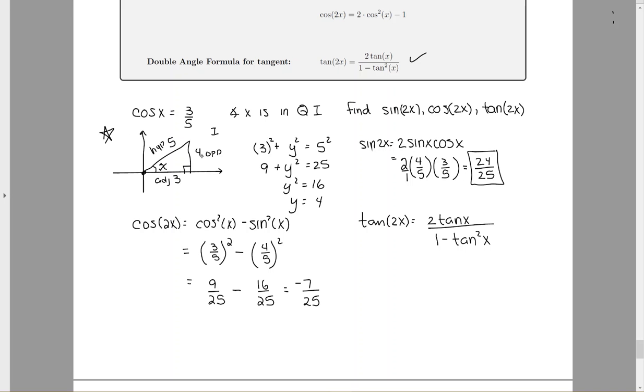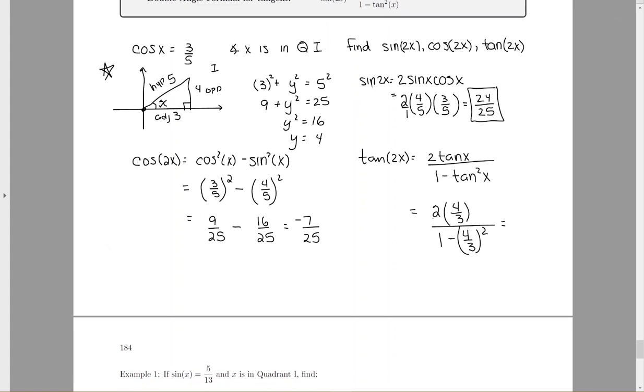Tangent is opposite over adjacent, so 4/3. So I have 2 times 4/3 divided by 1 minus 4/3 squared. All right, so again, just multiply straight across, 8/3 over 1 minus 16 over 9.